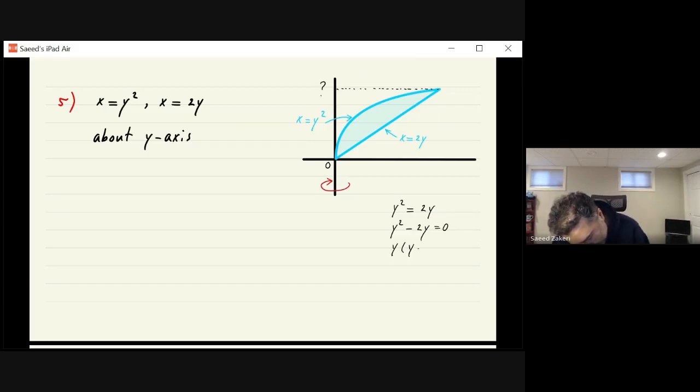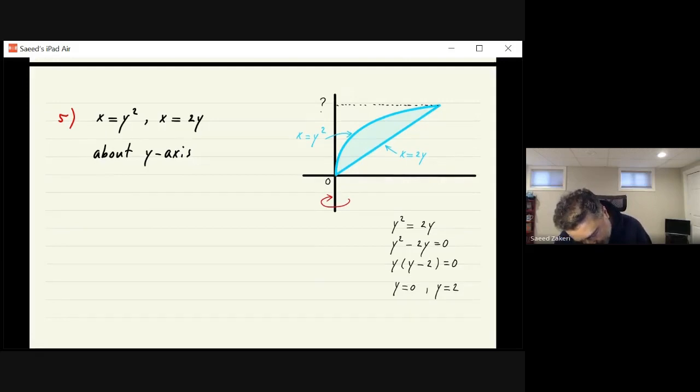Y times y minus 2 is 0. So either y is 0 or y is 2. Already from the picture, we saw that one of the roots is y equals 0, and now we know that the other one is 2. Which makes sense, because let's check. When I take y equals 2 and put it here, my x will be 4. And when I take y equals 2 and put it here, my x will be also 4. So that is an intersection point.